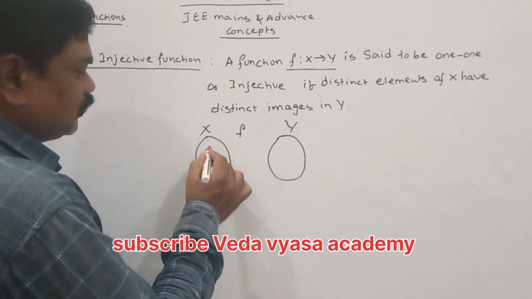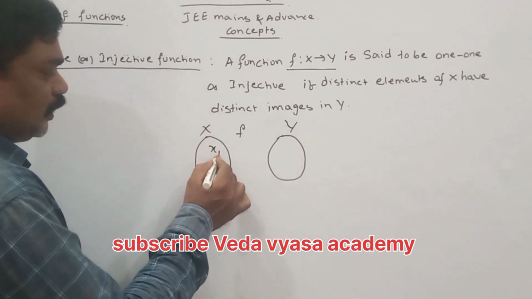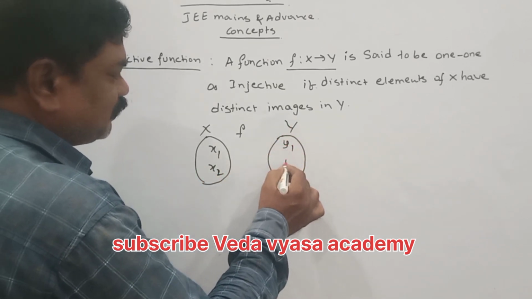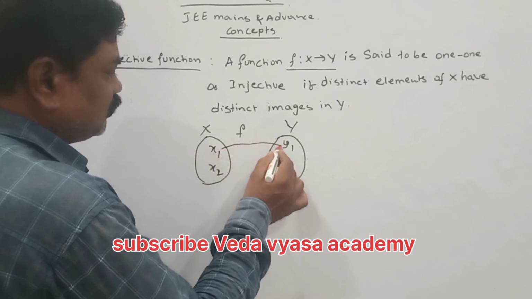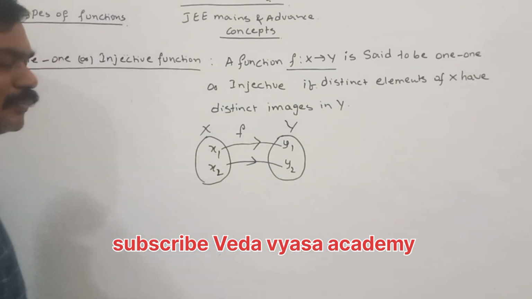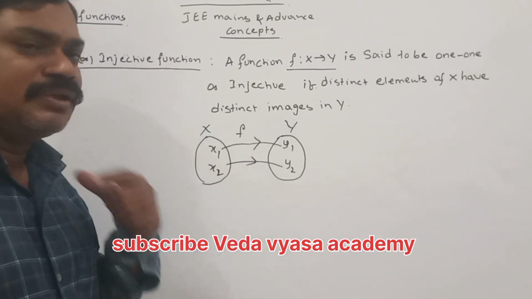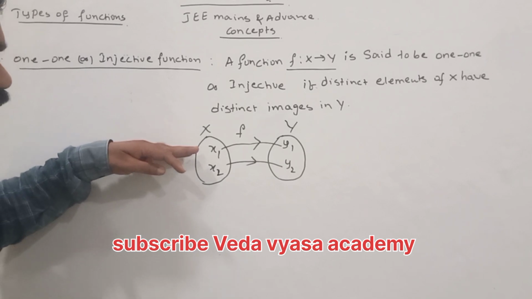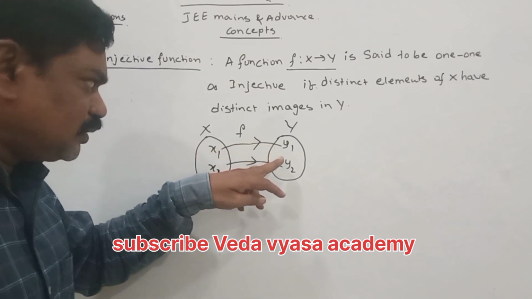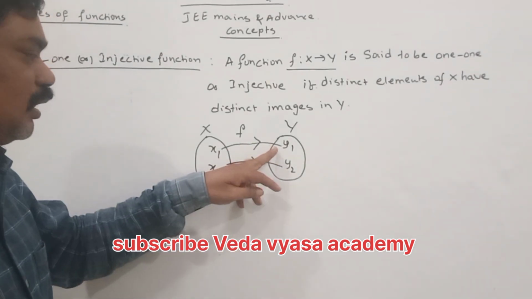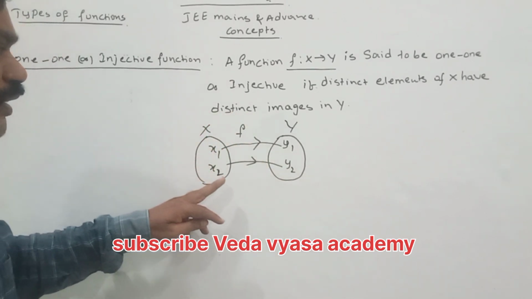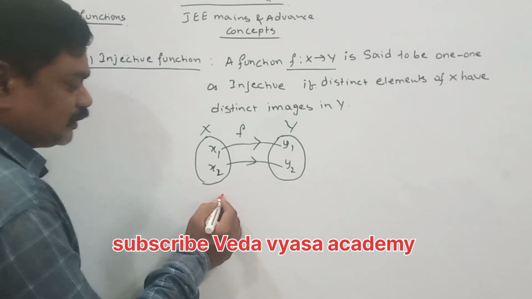Set x has elements x1, x2, set y has elements y1, y2, and the distinct elements of x have distinct elements of y. The domain of the function f is x1, x2, and the codomain or range is y1, y2. Then we say it is a one-one function.